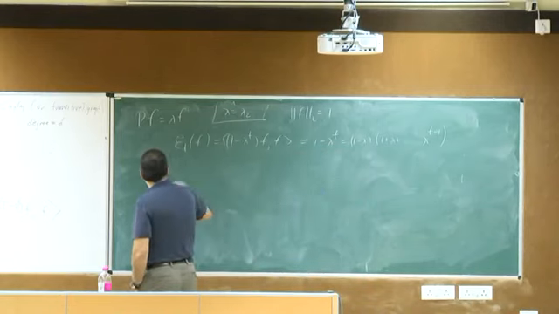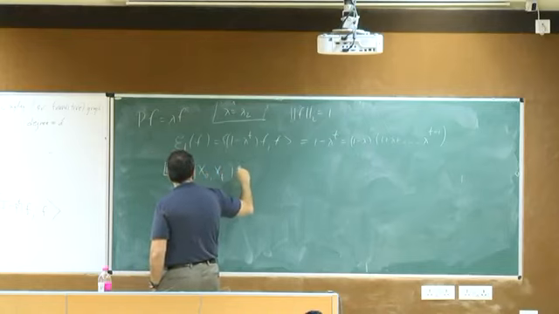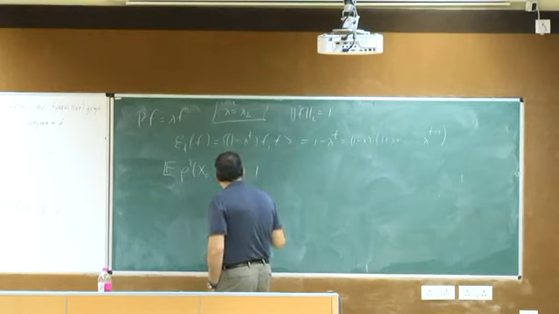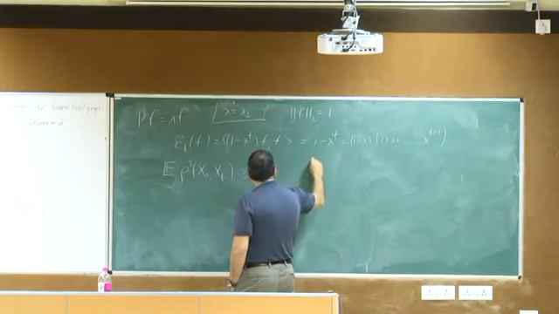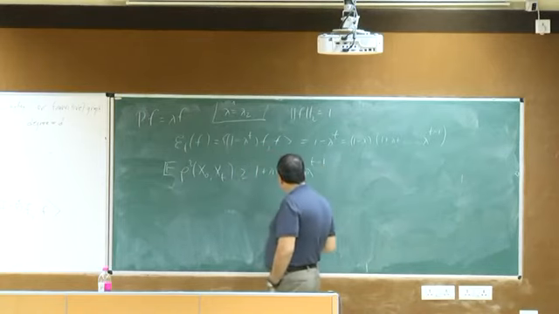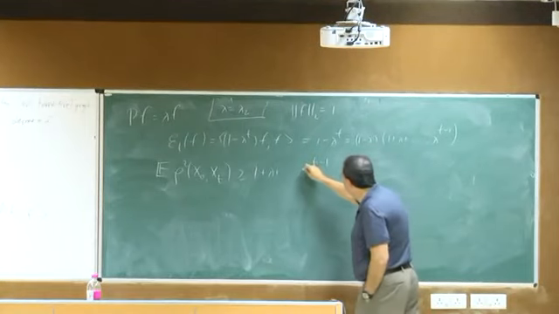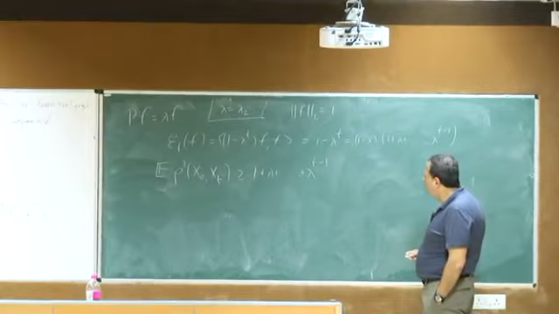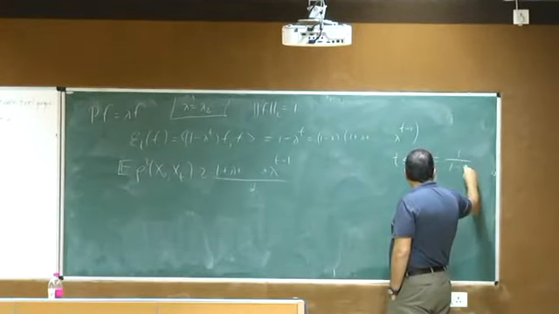So the lemma tells us that the expected rho squared of x0, xt is at least this sum. But now we are assuming t is at most t_rel, which is 1 over 1 minus lambda.